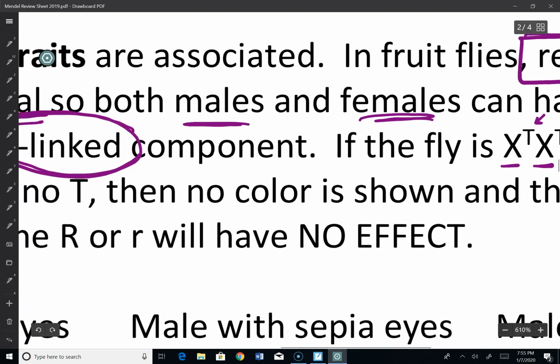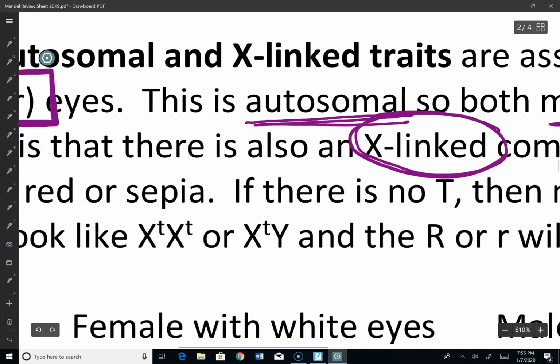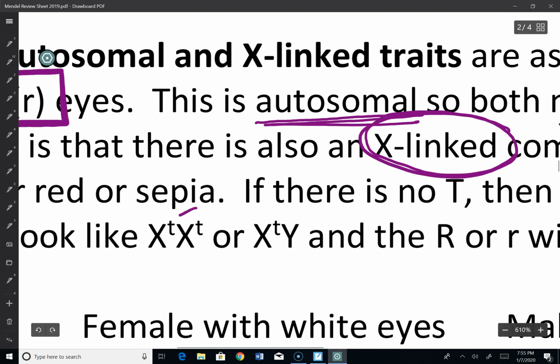If, however, there is no capital T, for example, here there are two lowercase t's, or here there's only one lowercase t, because there is no capital T, it's going to wipe out the color from even happening. So these two genes are associated with each other.